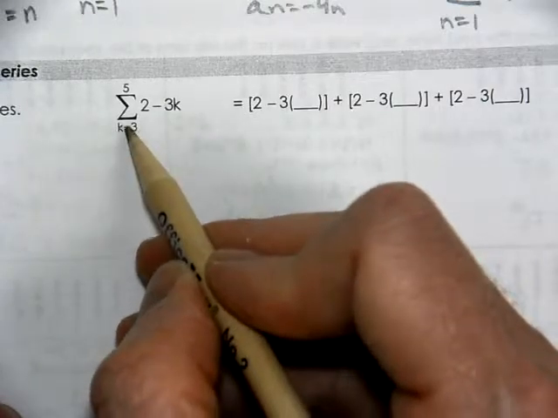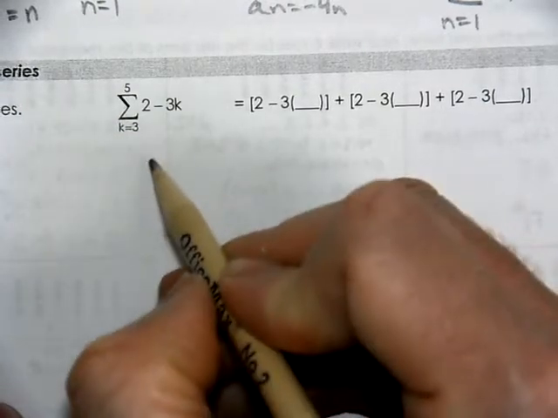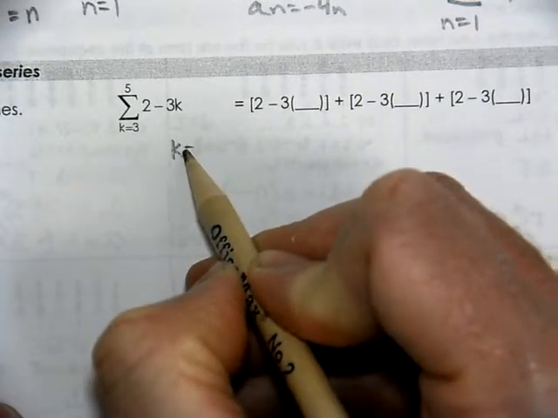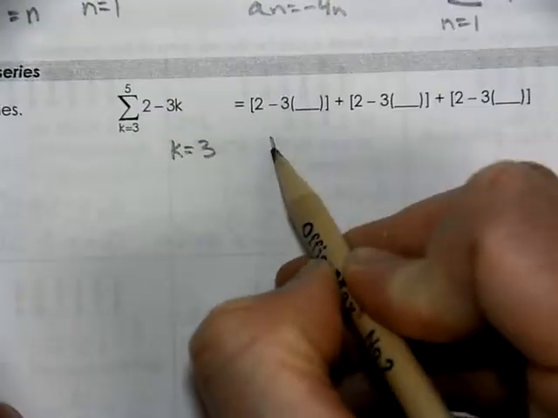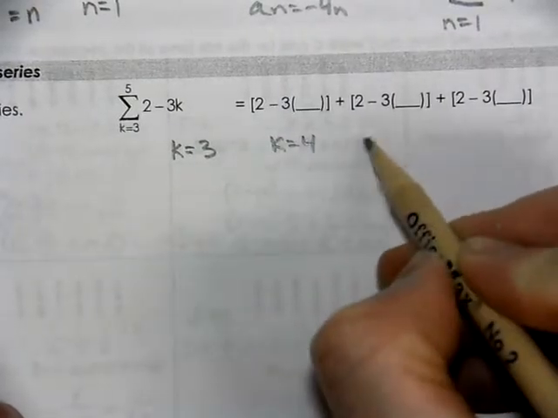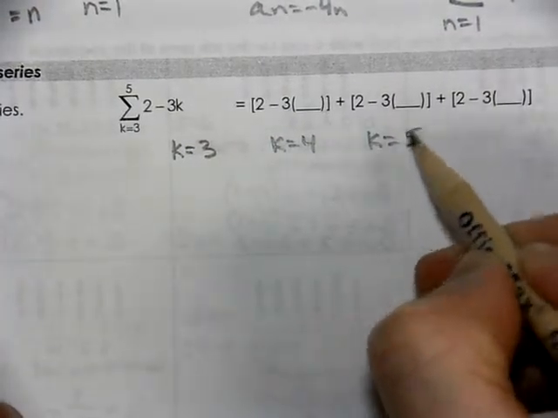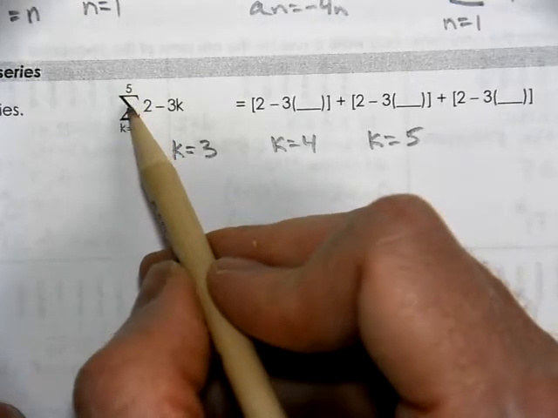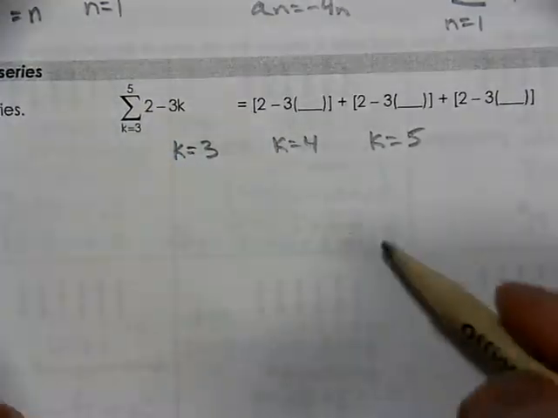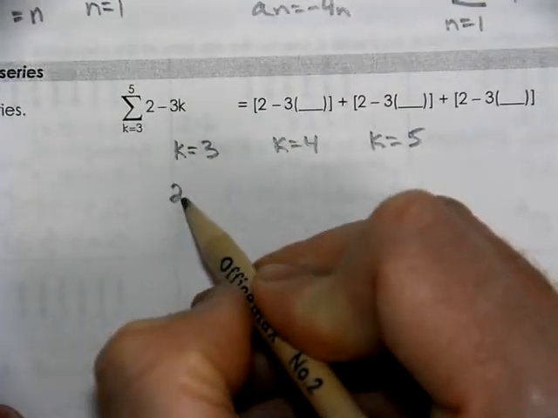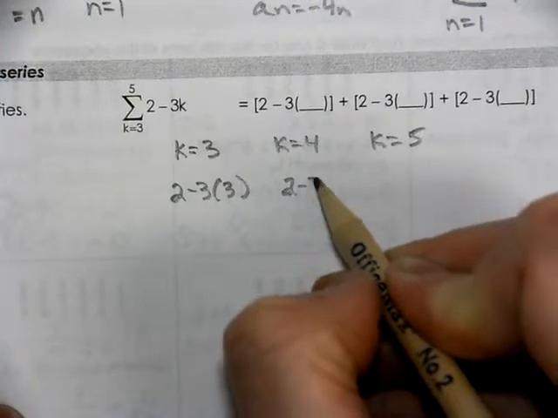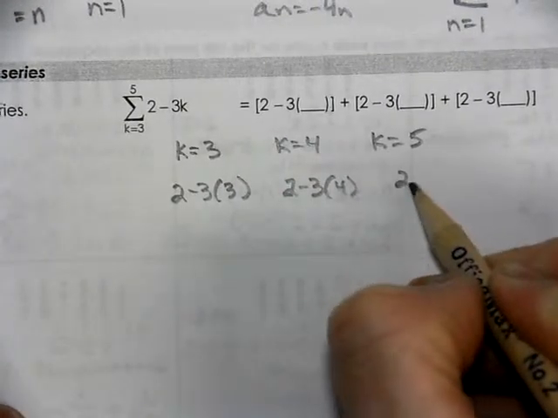It has a lower limit and upper limit. So we're going to look at when k is 3, when k is 4, and also when k is 5. We start out with the lowest number and we work our way up to our upper limit, which is our largest number. We plug the 3 in for k, we plug the 4 in, and the 5.